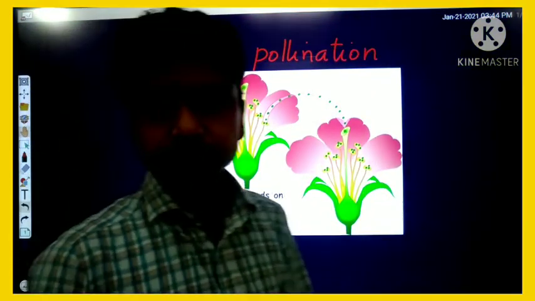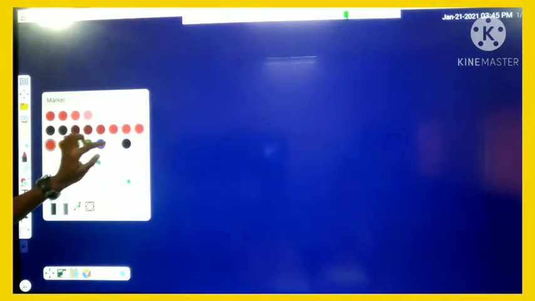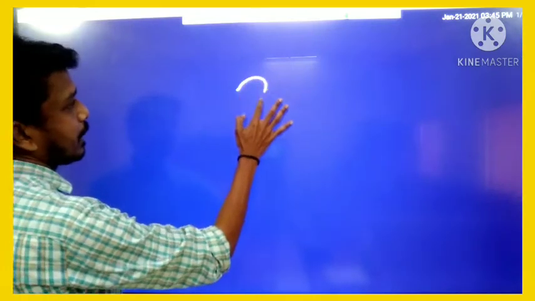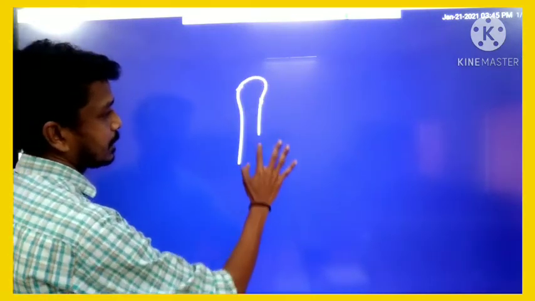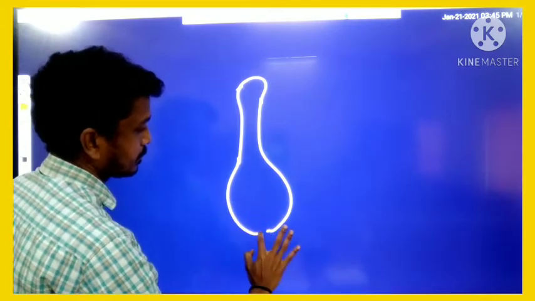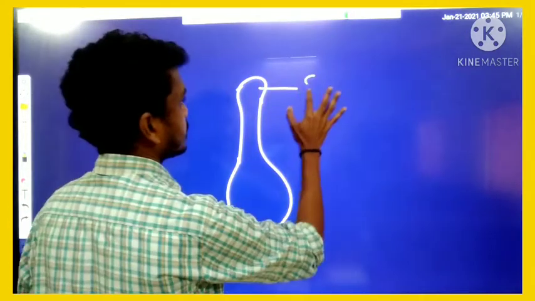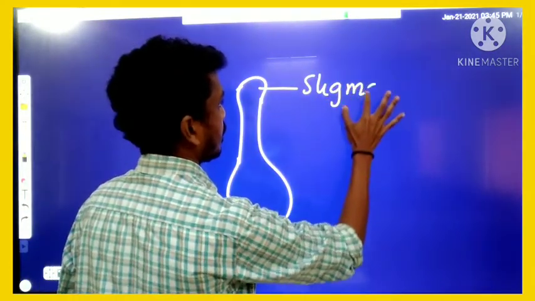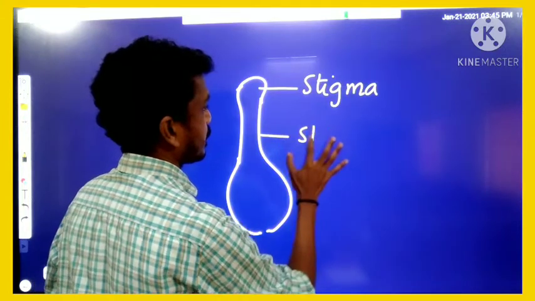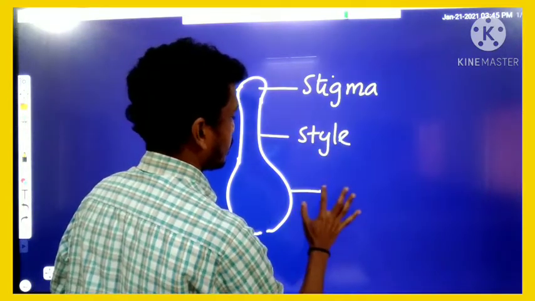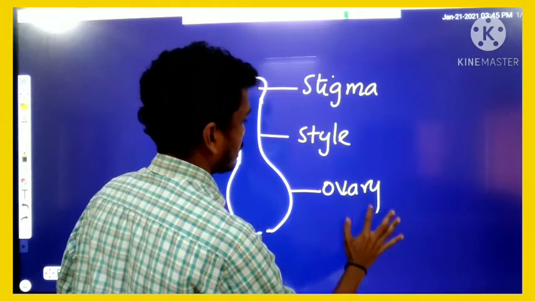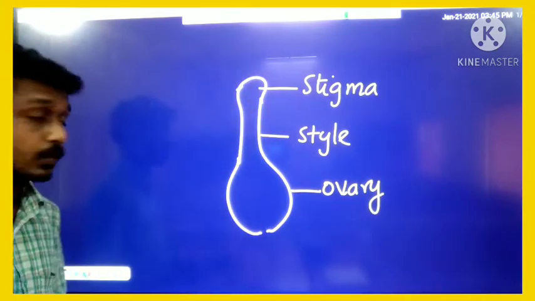Then what will happen after pollination? Look here, my dear. Here is the stigma, style, and ovary.